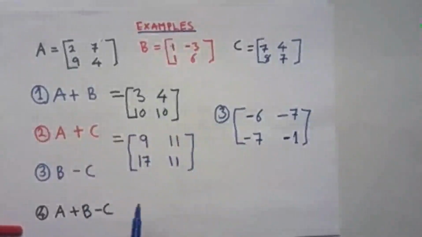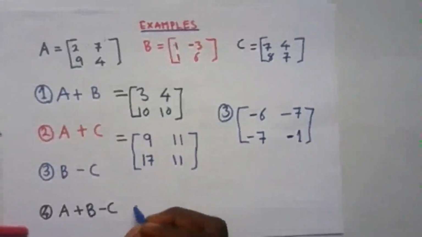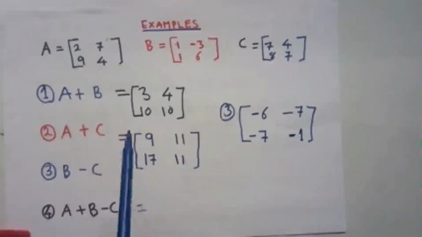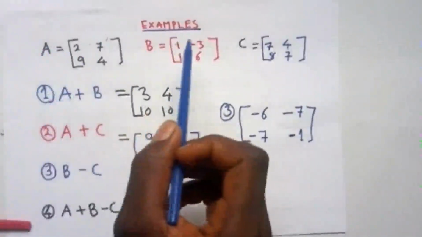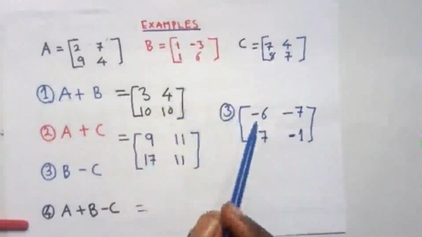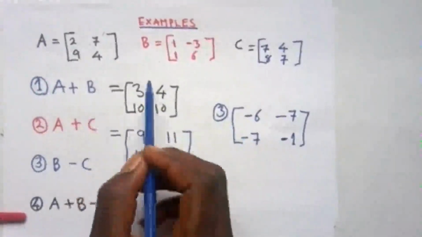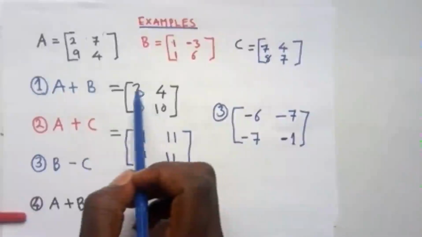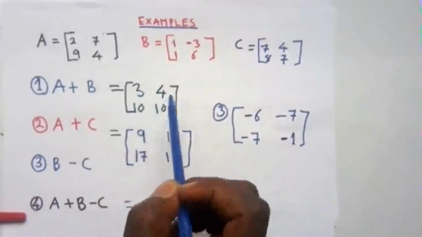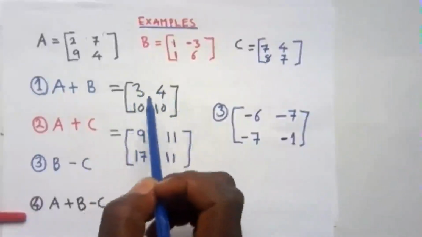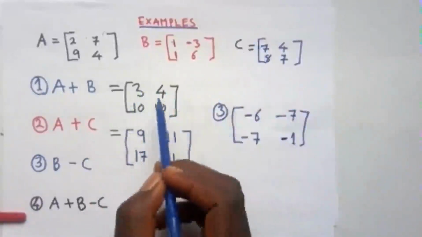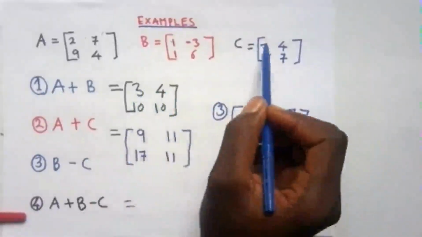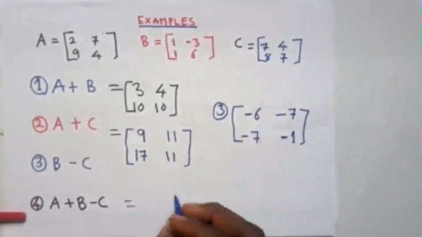Now we want to do this number 4. We want to add A to B and then subtract C from the result. So from here we already know that A plus B gives us this matrix 3, 4, 10, and 10. So we want to do this minus C. So 3 minus 7 gives us what?